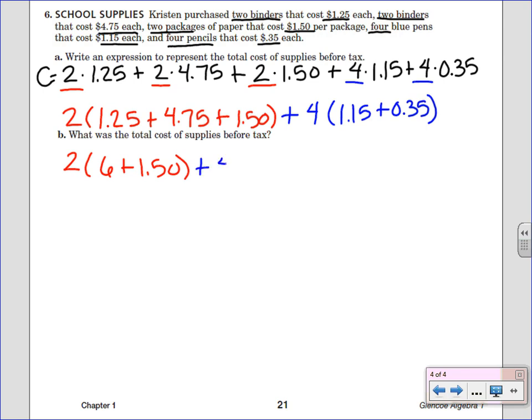Then I have 1.15 and 0.35. Well, 0.15 and 0.35 add up to 50, so I have $1.50 there.